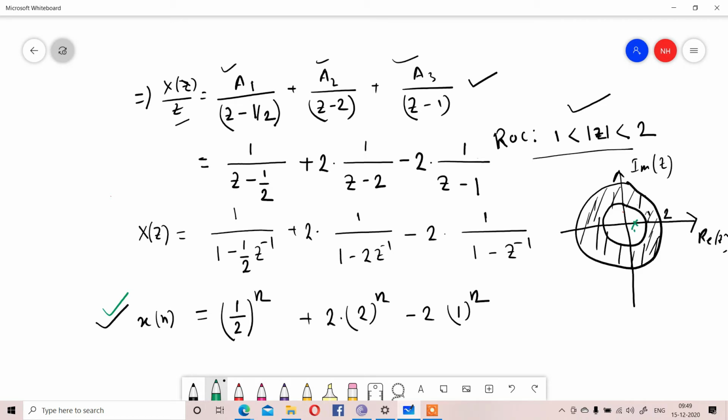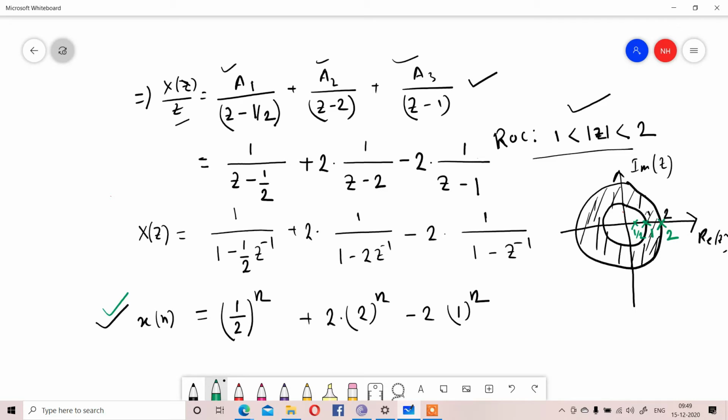If this is 1, that will be your half. Another pole is 1, so obviously it will be here 1, and another pole is 2, that will be here 2. So these are the three poles. Clear? I am just putting the three poles over the ROC.